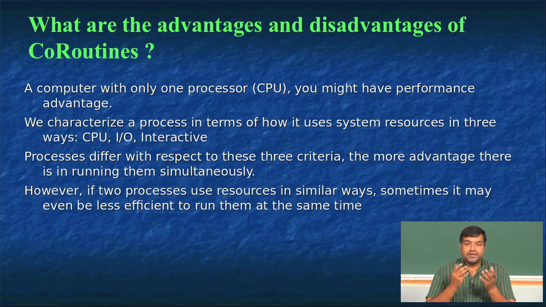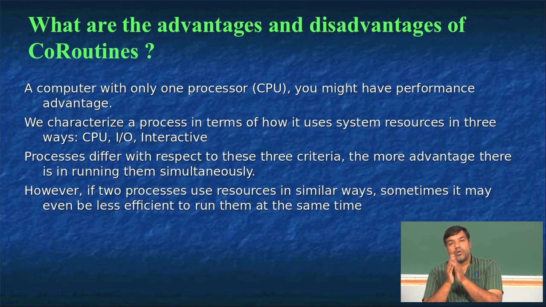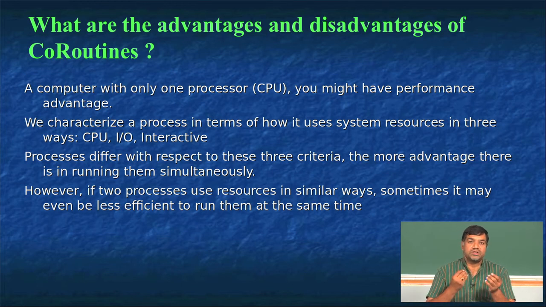Now, will this be really useful? Yes, because not all commands that you run on Unix take the same amount of CPU or input output or interactivity. Your whole performance of any program depends on its usage of CPU, its usage of input output, and its usage of interactiveness.